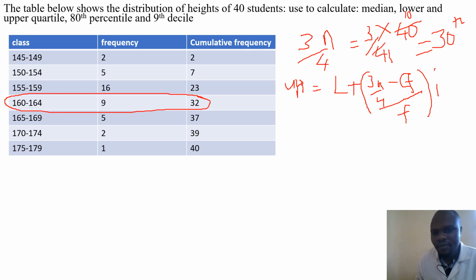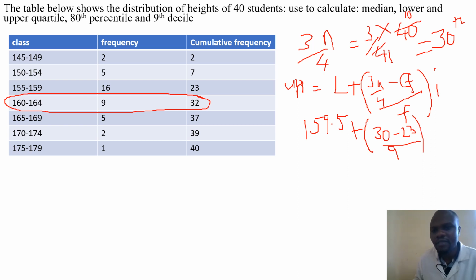So in this case now, my lower limit here is 159.5. Then this one I add my 30th, then I subtract 23, and divide by the frequency of that class, which is 9.